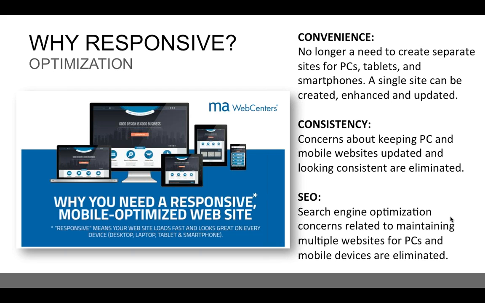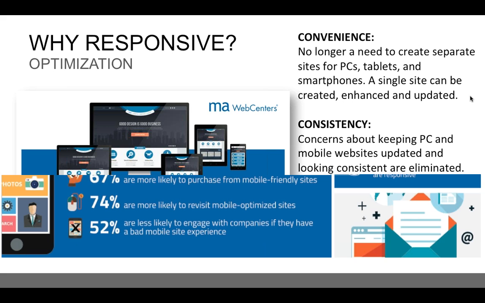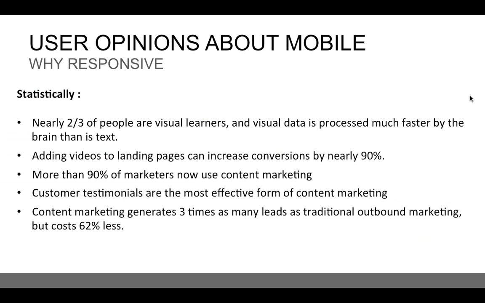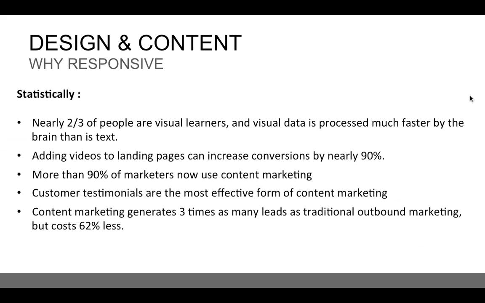Consistency. Concerns about keeping PCs and mobile websites updated and looking consistent are now eliminated. So again, it's one site that you're going to maintain, and it's going to show across all different screen types and different systems. SEO is another big one. Search engine optimization concerns related to maintaining multiple websites for PCs and mobile devices are eliminated. A lot of times when you build a mobile site, it doesn't necessarily have the same properties as your regular site, and you'd have to maintain two different versions to be seen on a mobile phone versus a PC screen.